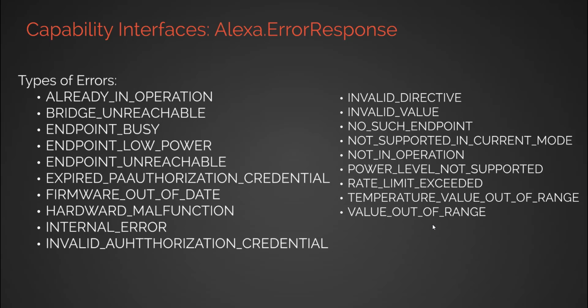You can handle the rate limit exceeded, and the temperature value being out of range. Let's say we set the temperature to 2 degrees. We accidentally say 2, or the device incorrectly interprets the value we said, and it starts sending a bogus value. All of those types of scenarios you can handle with these different types of identifiers.